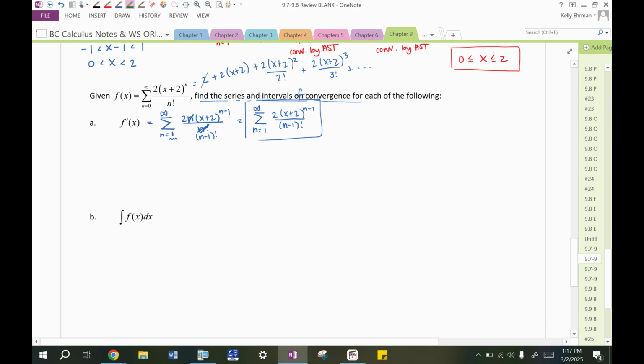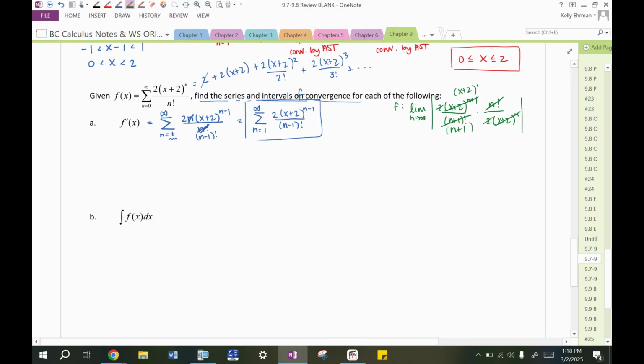You're just checking endpoints. So for f, I'd be doing the limit as n approaches infinity of the absolute value of 2 times x plus 2 to the n plus 1 over n plus 1 factorial times n factorial over 2 times x plus 2 to the n. So x plus 2's cancel, leaving an x plus 2 to the first. 2's can cancel. n factorial can cancel with n plus 1 factorial.